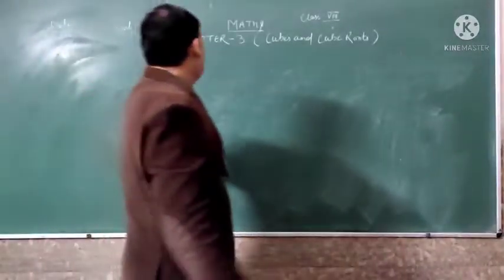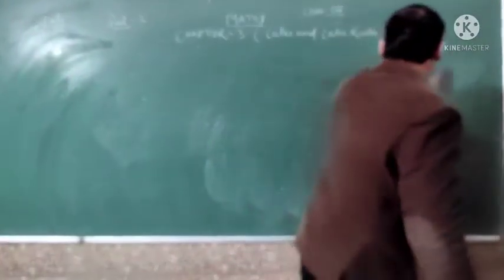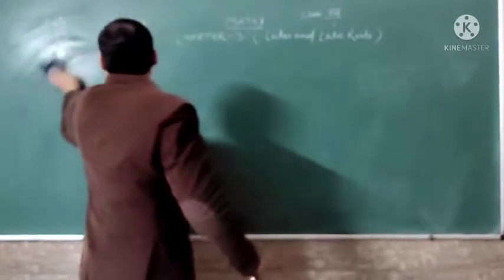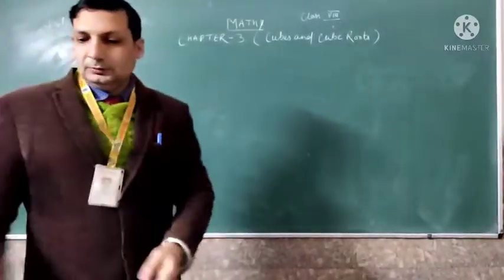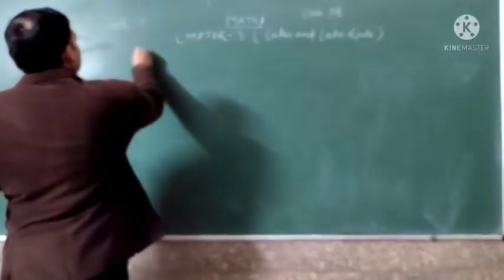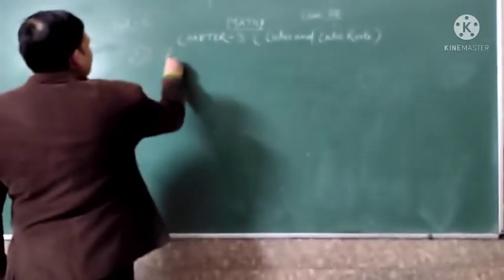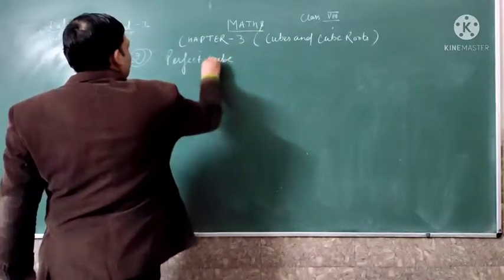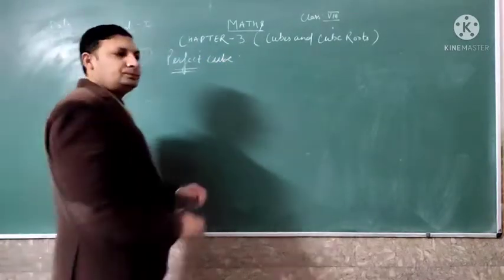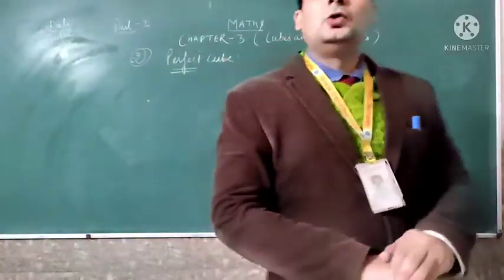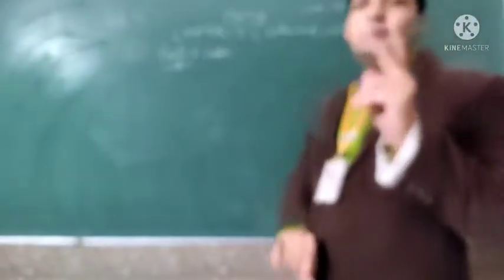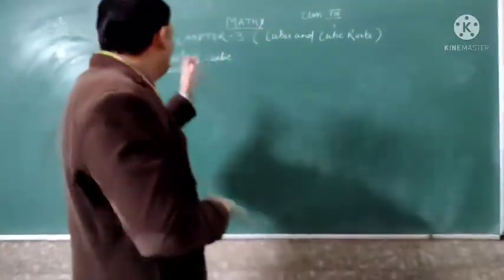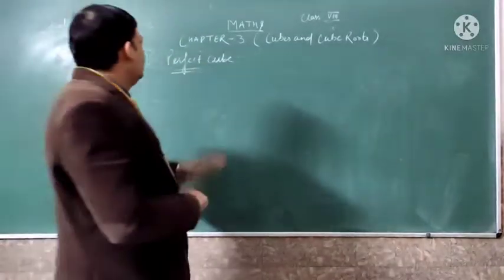There are different meanings of perfect cube, but I will tell how to find a perfect cube. Perfect cubes are those numbers which make groups of triplets.